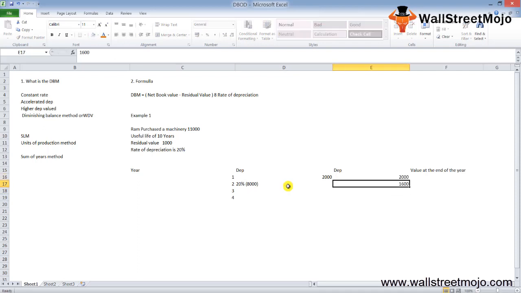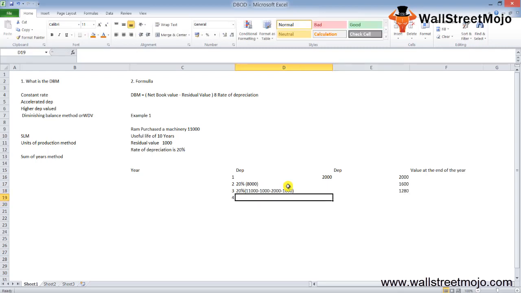Next, the 20% will be on 11,000 less 1,000 less 2,000 less 1,600. So that comes down to 1,280, and the last 20% will be again on 11,000 less 1,000, less 2,000, 1,600 and 1,280, which gives us 1,024.